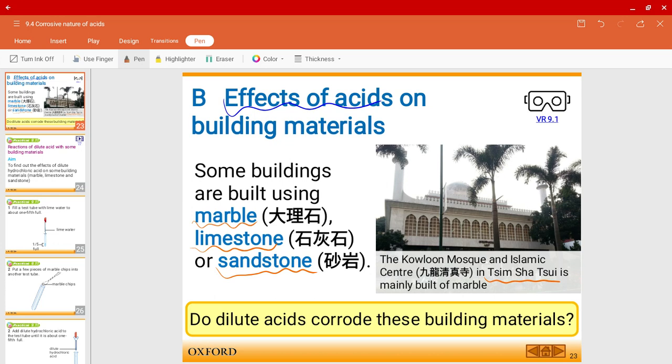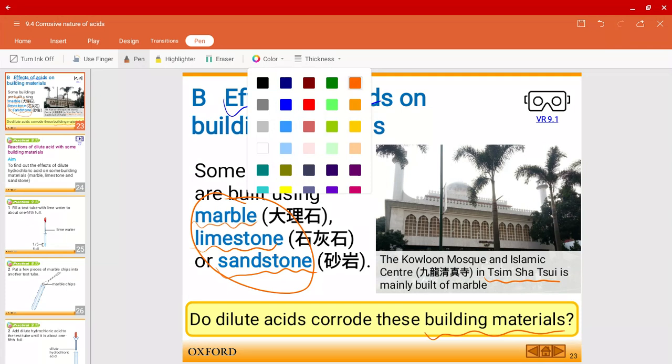Now, there might be one issue with this: maybe these building materials are able to be corroded by dilute acids. Do they actually get corroded in the first place?